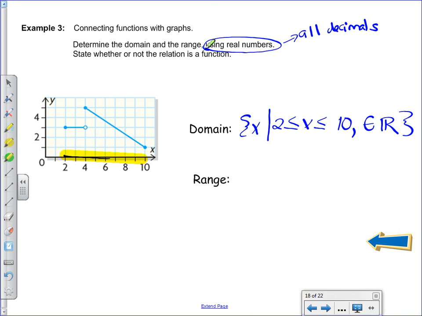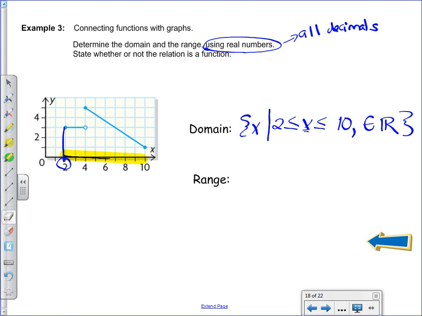Okay, so what this is saying is x such that x, this is how we read it. When I start here at x, I'm going to look to the left. So x has to be greater than or equal to 2, because 2 is my lowest point. Then if I read it from the right, x has to be less than or equal to 10 because 10 is my highest point.